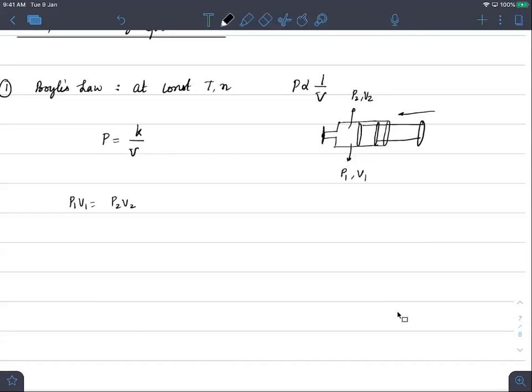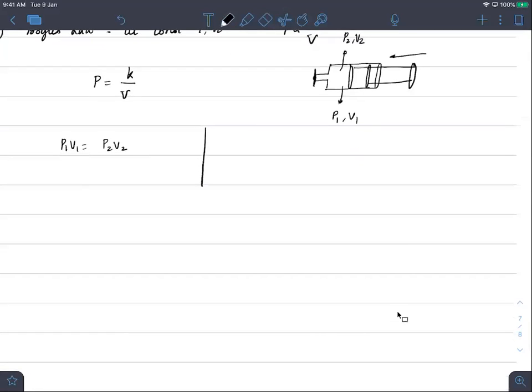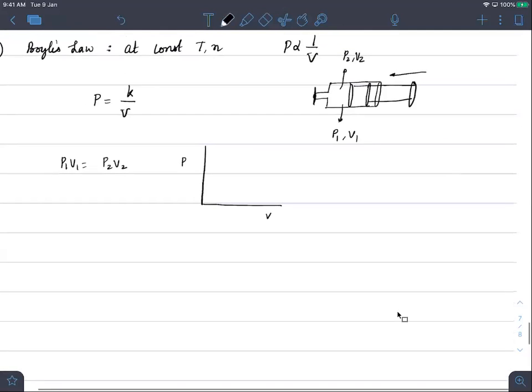Got it? Now, generally, when you plot a pressure versus volume graph, you can see it is like PV is equal to some constant. PV equal to some constant is like X into Y is equal to some constant. XY is equal to constant is an equation of a rectangular hyperbola.